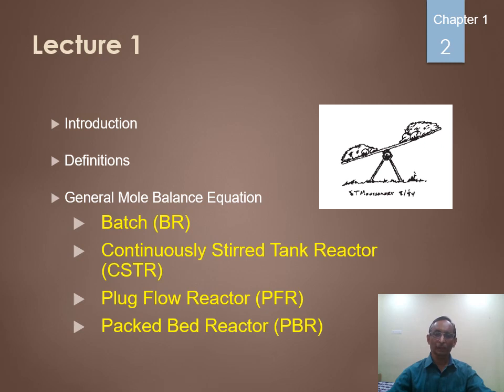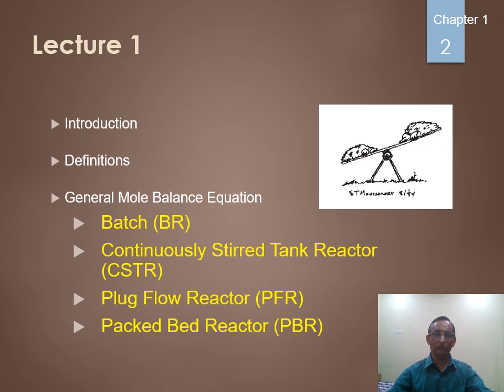These are the 4 points you are going to consider. That is input inside the reactor, how much output you are going to get, then how much is generated, meaning conversion, how much is going to take place, and finally what is accumulated. So these 4 terms give the batch reactor design equation, the continuously stirred tank reactor design equation, that is called CSTR.